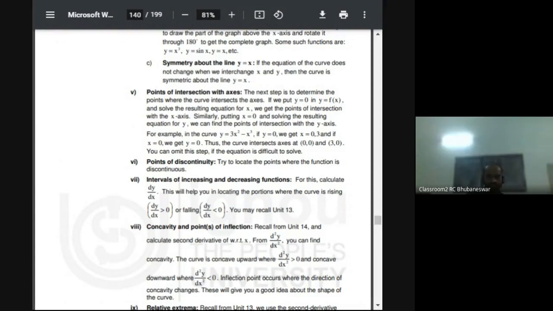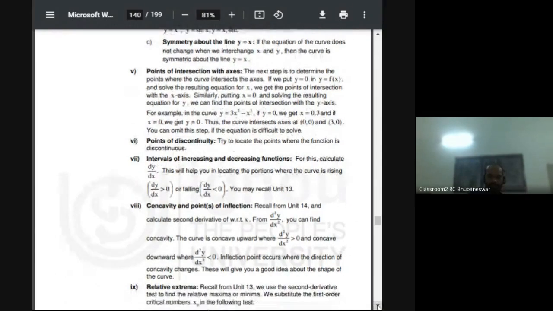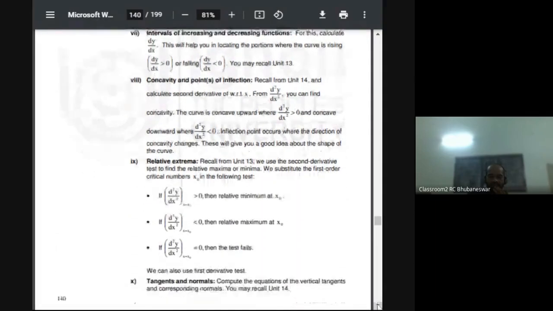If the function has any point of discontinuity, then we have to find out the point, and we have to locate the point in that particular xy plane. Now, intervals of increasing and decreasing function. According to the first derivative test or second derivative test, locate the interval accordingly.